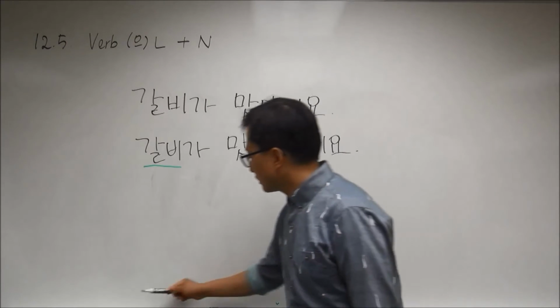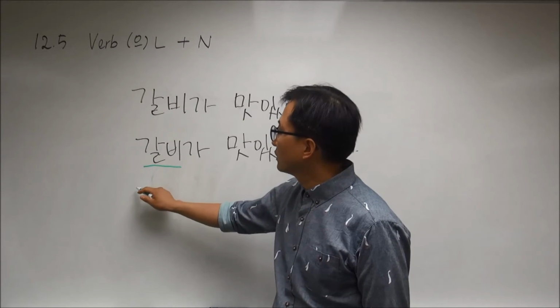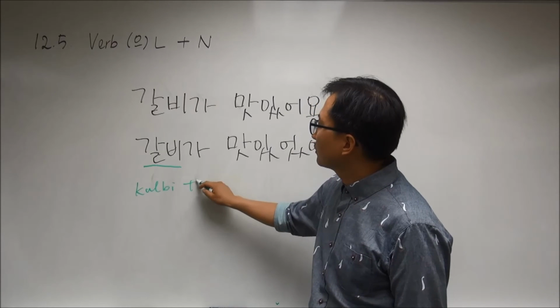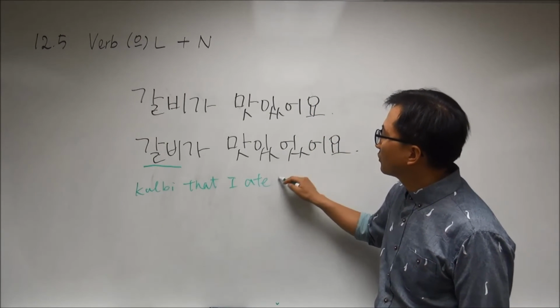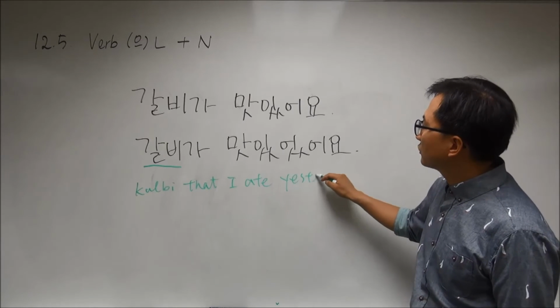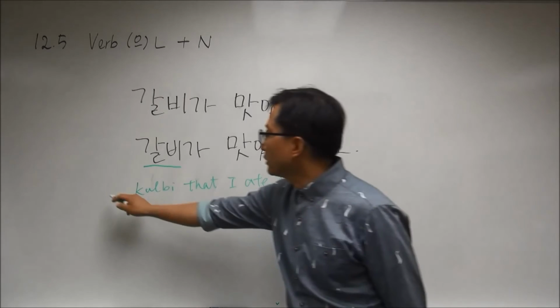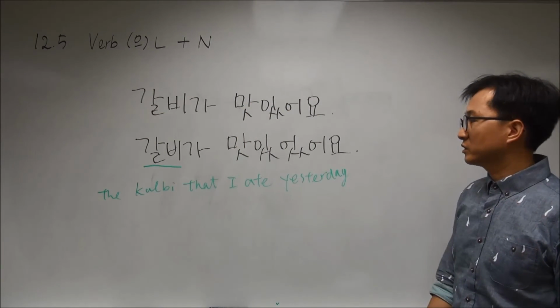In English sentence, let me just write down an English phrase. 갈비 that I ate yesterday. The 갈비. So I'm talking about the 갈비 that I ate yesterday.